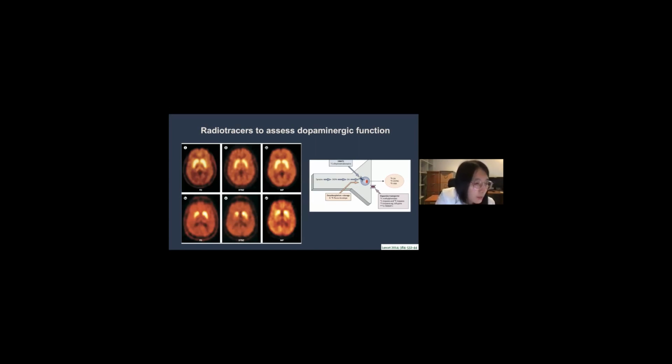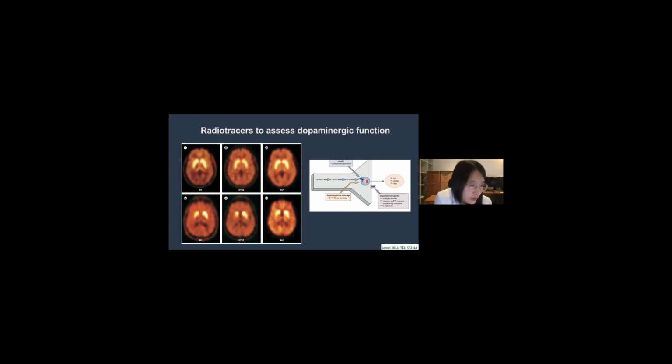There are various approaches to the assessment of the integrity of the dopaminergic nerve terminal. The upper row is PET images from a healthy control, and the lower row is images from Parkinson's disease. In keeping with the distribution of nigral cell loss and with postmortem neurochemical studies of Parkinson's disease, all tracers of presynaptic dopamine function show the characteristic pattern of asymmetric reduction in tracer uptake that affects the posterior striatum more than the anterior.